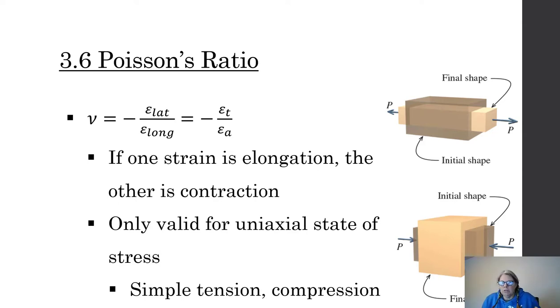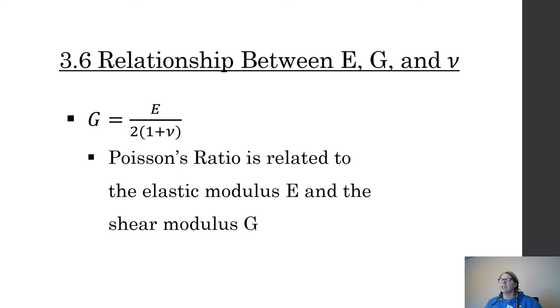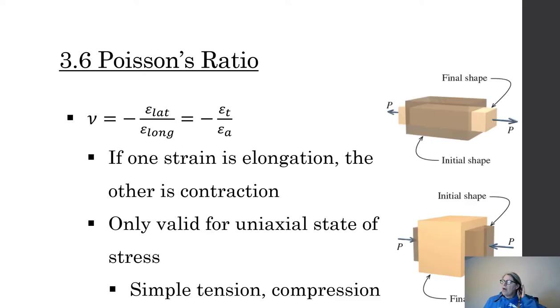So we want Poissons ratio to be a positive value. So we just put a negative with that lateral over longitudinal strain. So as one is increasing, the other is getting smaller. One is getting longer, one is getting smaller, okay? So we're just looking at simple tension and compression here. We will talk about how to use Poissons ratio in an example.